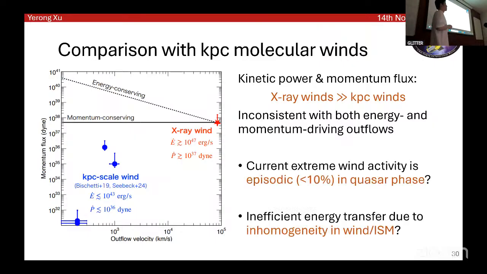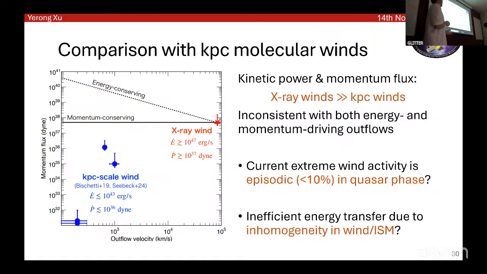Two possibilities were proposed. First, probably the UFOs were episodically launched over the quasar lifetime. According to the momentum difference, we expect maybe the UFO activity period only occupies less than 10% of the quasar evolution.